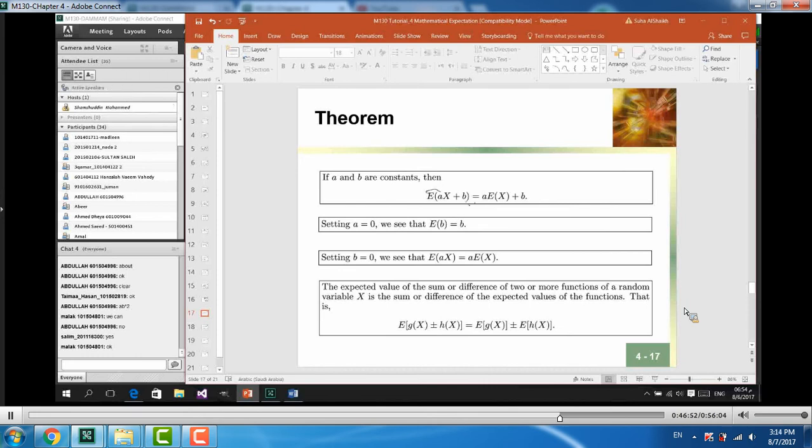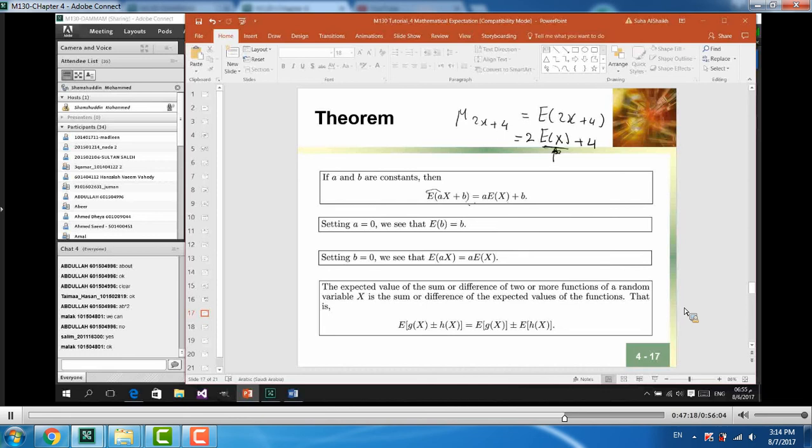I can say this is the expectation of 2x plus 4. Easily, this is the 2 of the expectation of x plus the 4. The expectation of x is the expectation that we know how to find very easily. And then multiply with 2 and add the 4. This will give you the expectation of the whole function here.